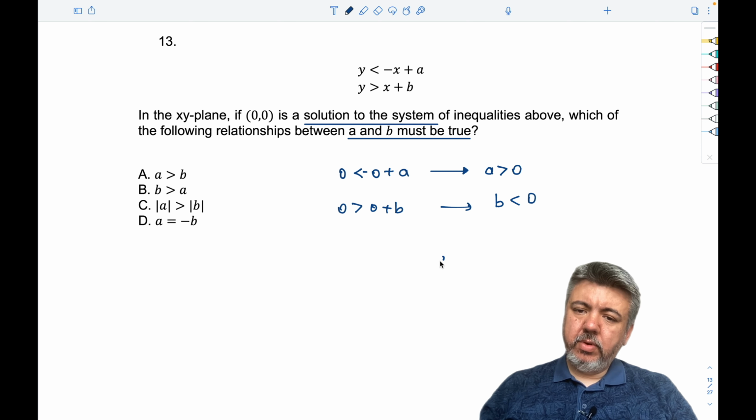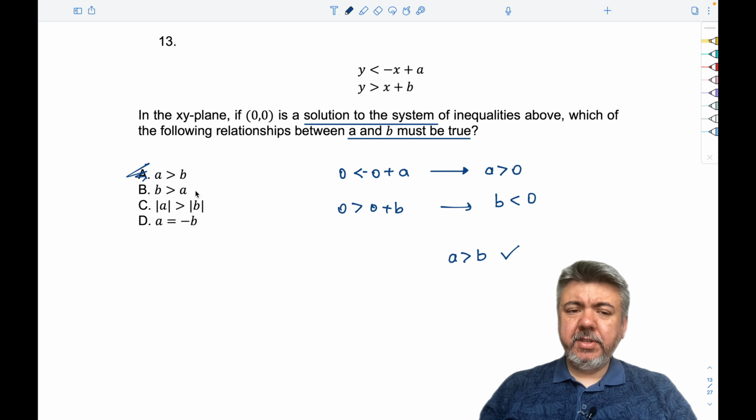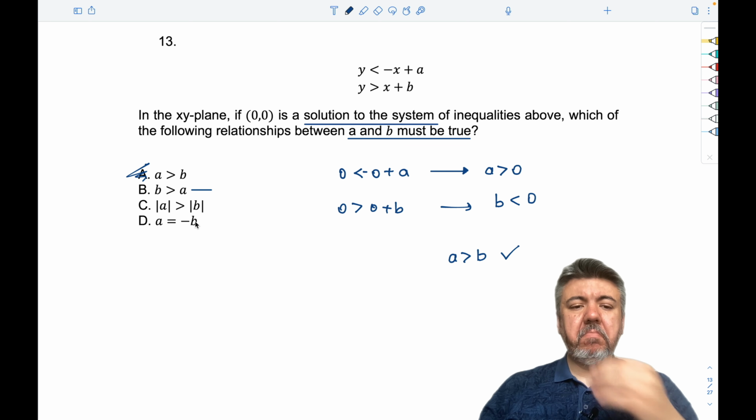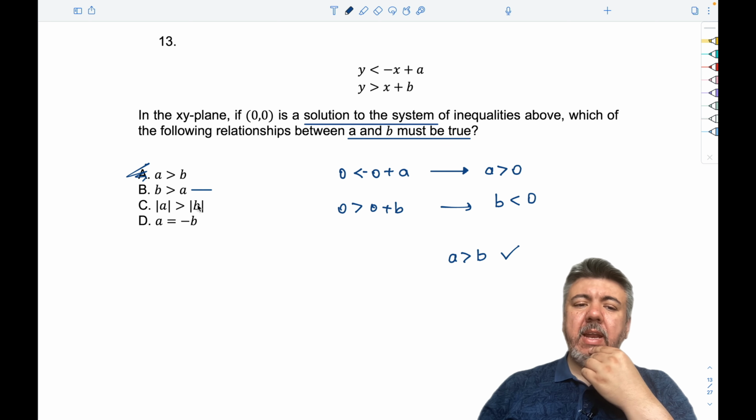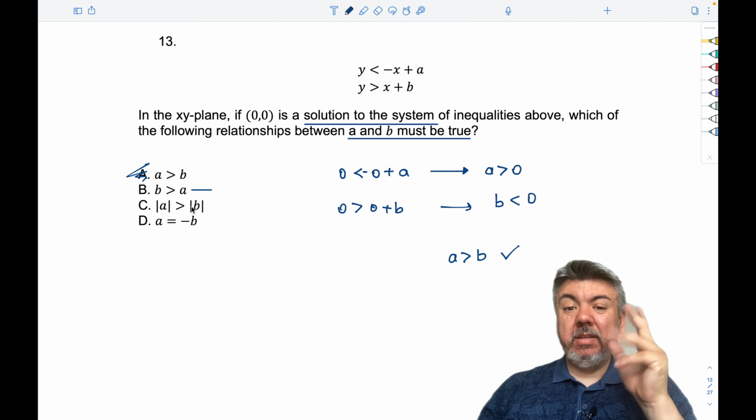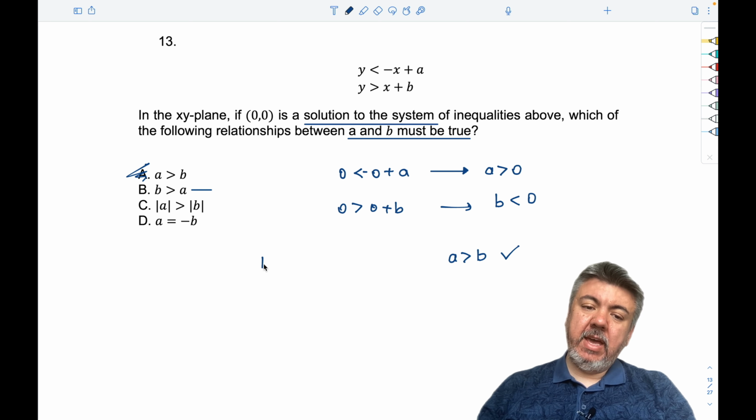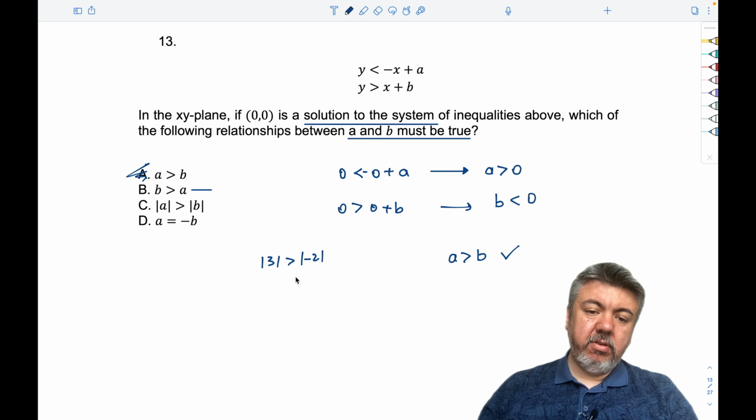What must be true? a is greater than b would be correct. The others, b is negative, cannot be greater than a. Absolute a and absolute b, it depends, like if a is negative 3 and b is negative 2, that's correct.